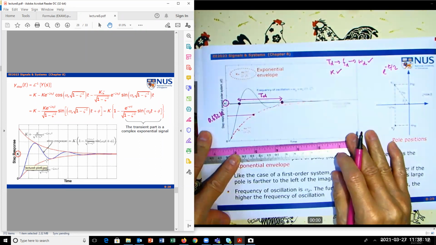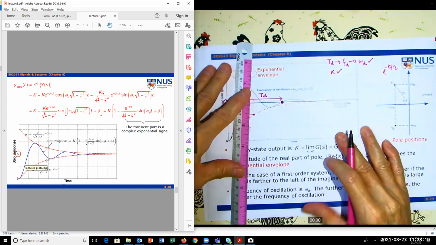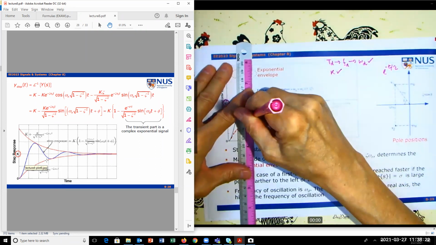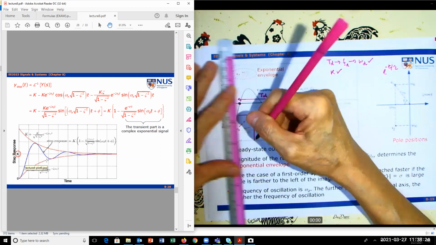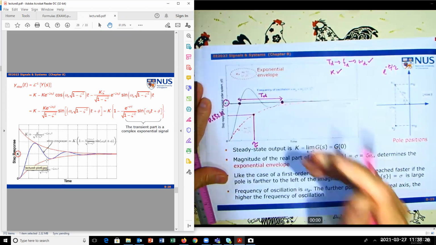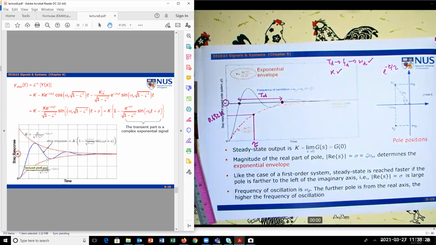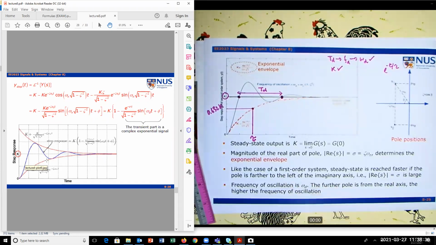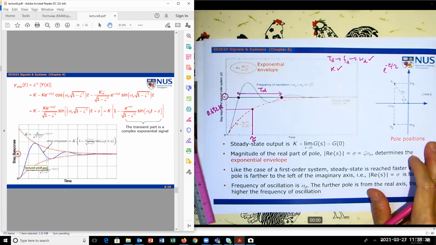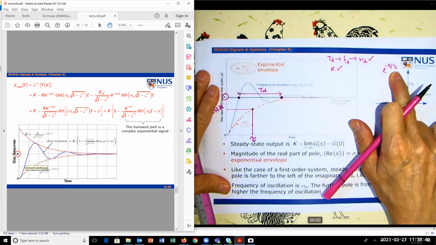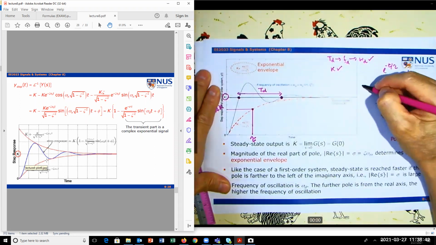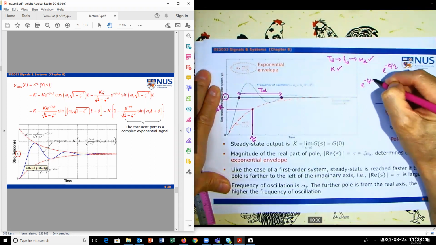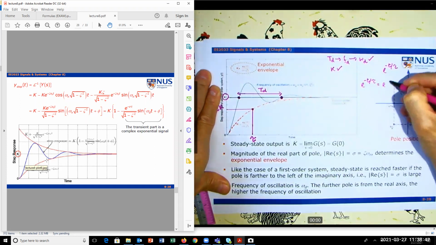From here, I will drop a vertical line down. So this is my value of tau, my time constant. So now I know tau. So basically e to the minus t over tau is equal to e to the minus sigma t.